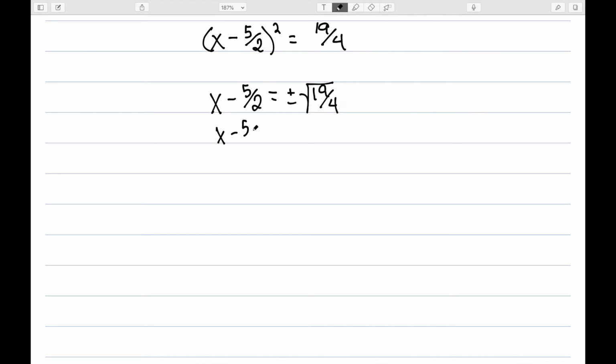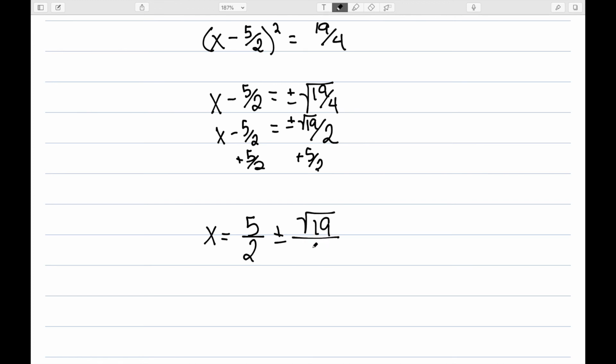We might not know the square root of 19, but we do know the square root of 4 is 2, so this is the same thing as plus or minus the square root of 19 all over 2. And from there I can add 5 halves to both sides, and I get 5 over 2 plus or minus the square root of 19 over 2.